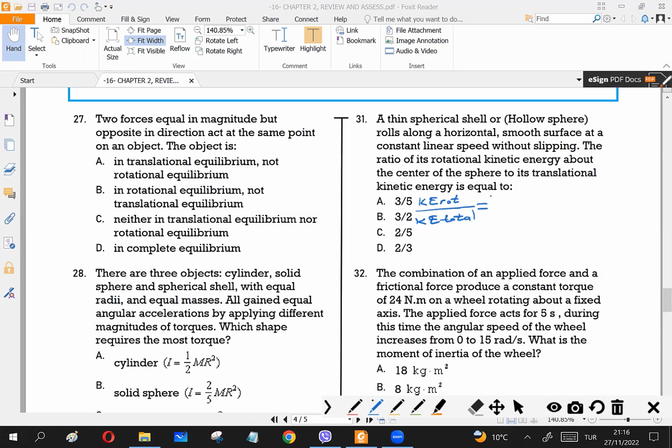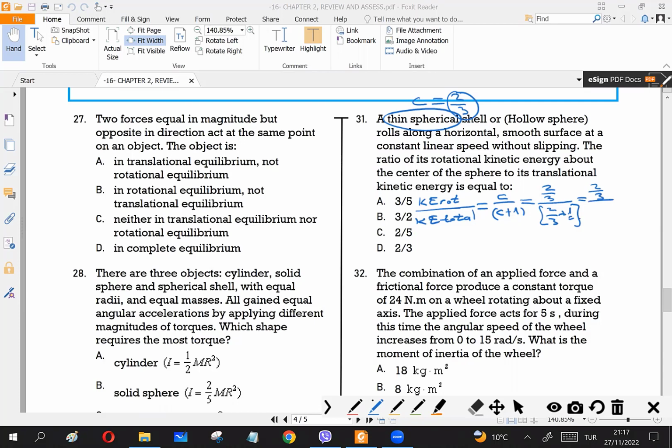So it is a thin spherical shell. I know that this is equal to C divided by C plus 1. A thin spherical shell has a C which is 2 over 3 (I = 2/3 mr squared). So 2 over 3 is the C. Let's insert C: 2 over 3 divided by (2 over 3 plus 1). 2 over 3 is the numerator.